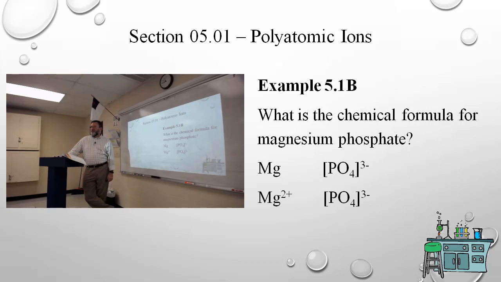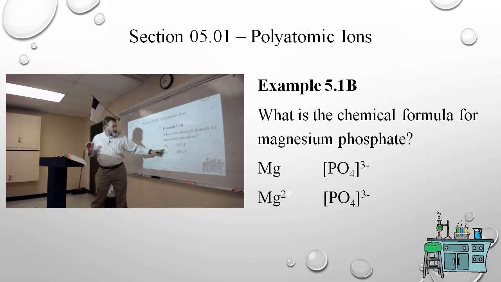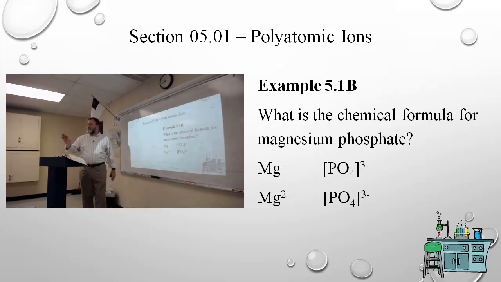Is this radically different than anything that was so easy two days ago? No. Other than it's got lots more numbers and brackets in it, right? But the concept is exactly the same. What is the subscript of magnesium going to be? It's going to be a 3.